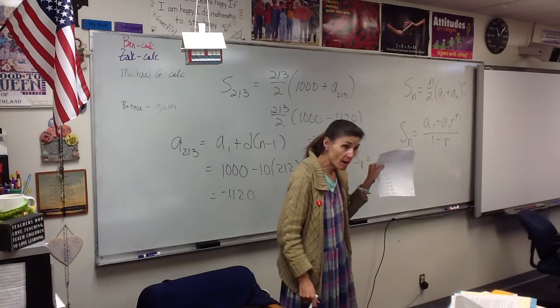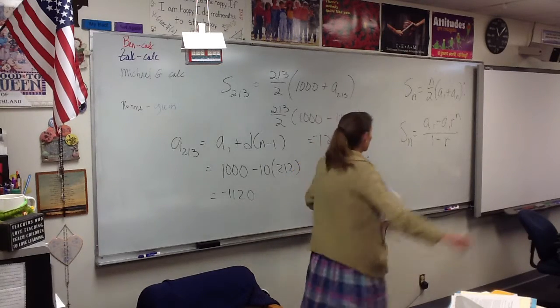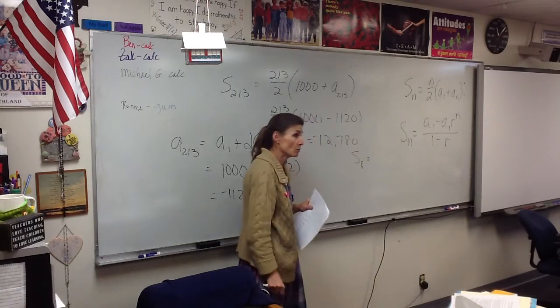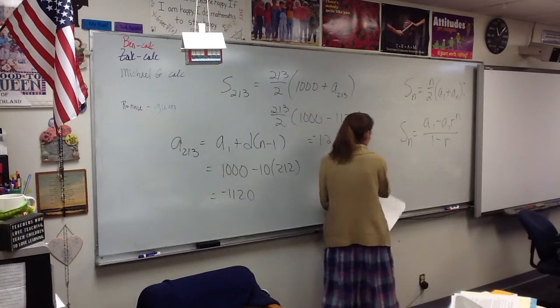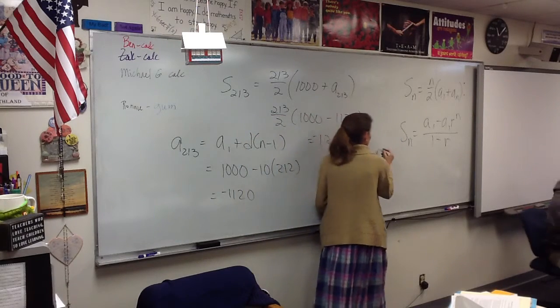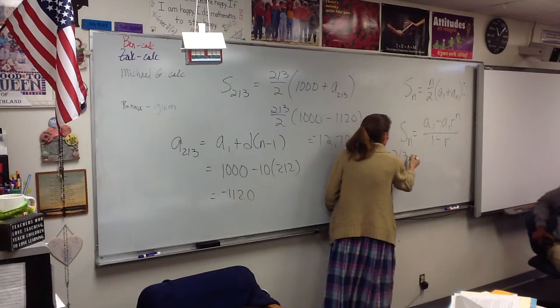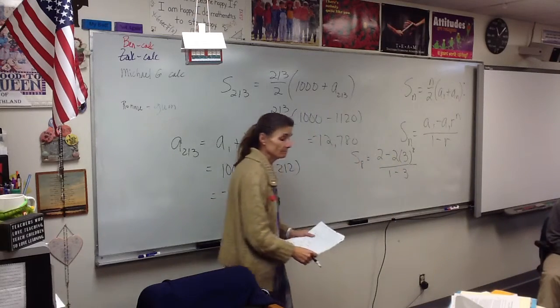You're timesing by 3, which makes it geometric, which makes it an R formula, right? Yes. Ratio, 3. So S sub 8 will be, what's your first term? 2 minus 2 times 3 to the 8 over 1 minus 3.